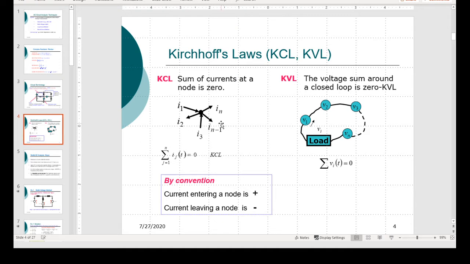Kirchhoff's current law and Kirchhoff's voltage law are summarized in this slide. We know that the total sum of currents that flows into a node is 0. By convention, we take currents entering to be positive and those leaving the node to be negative.